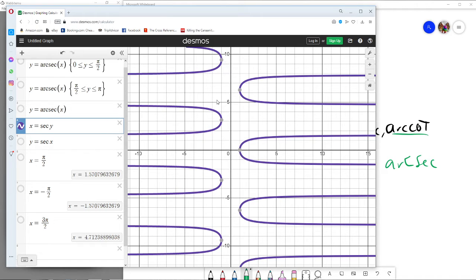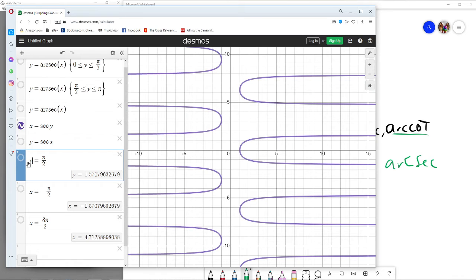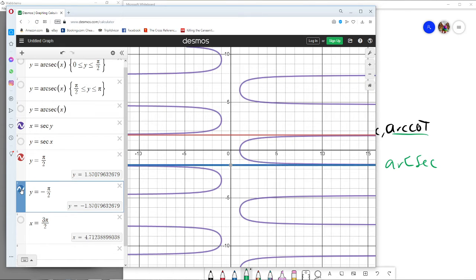We have our vertical asymptotes, and they are now going to become horizontal asymptotes. What were vertical asymptotes before are now horizontal asymptotes. See there? That same section of graph that we had before is now right here in between.